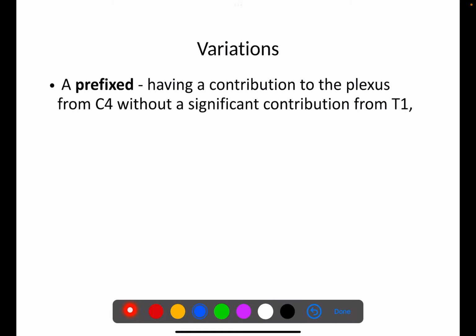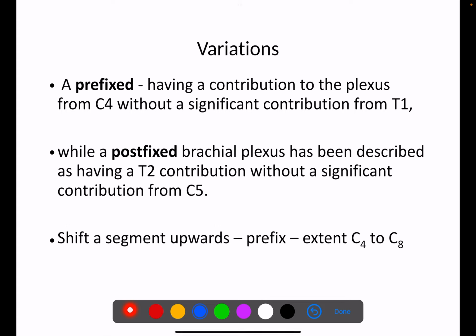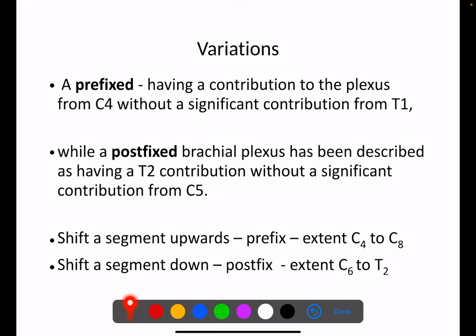So simply we can say that prefix is a contribution to the plexus from C4 without significant contribution from T1, and postfix is a T2 contribution without significant contribution from C5. Shift a segment upwards is prefix, that is C4 to C8, and shift a segment down is postfix, that is C6 to T2.